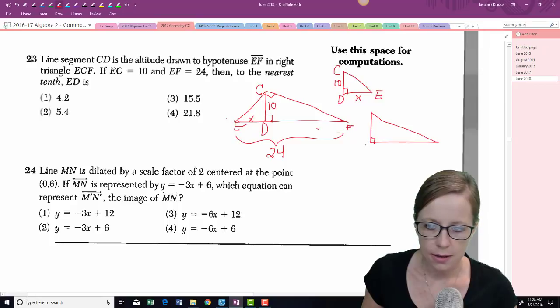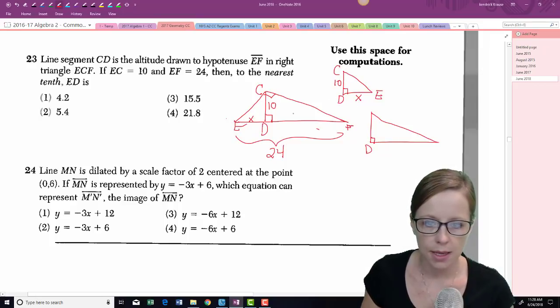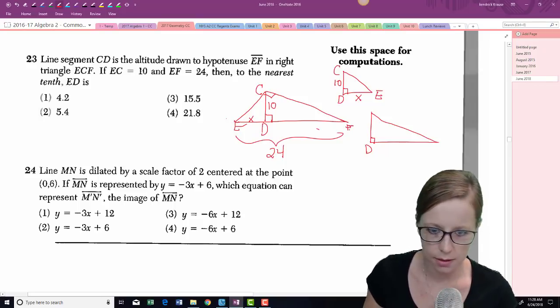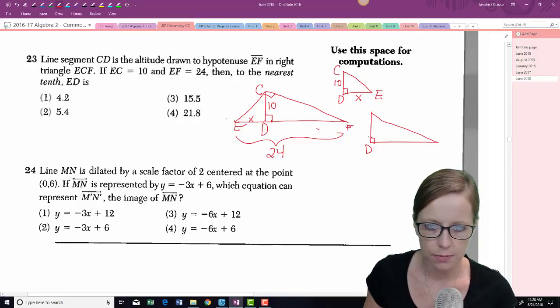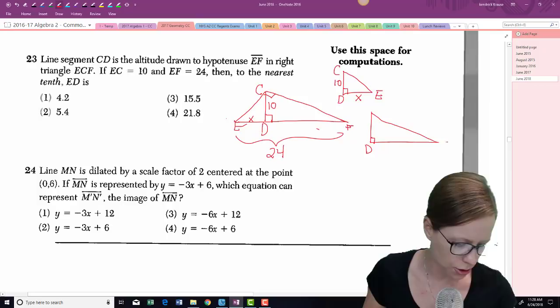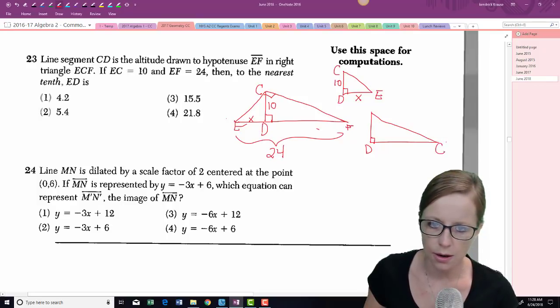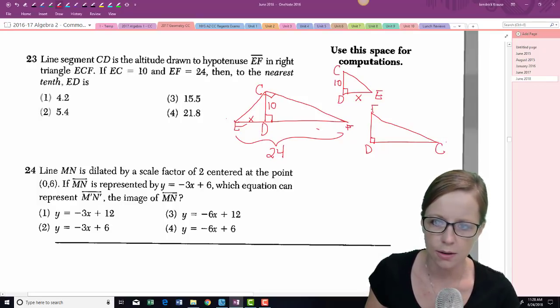Right angle is D. And let's see here. Oh, am I losing my mind here? So D is my right angle. C will be here, right? C will match here, and then F will be here, because the hypotenuse is CF.